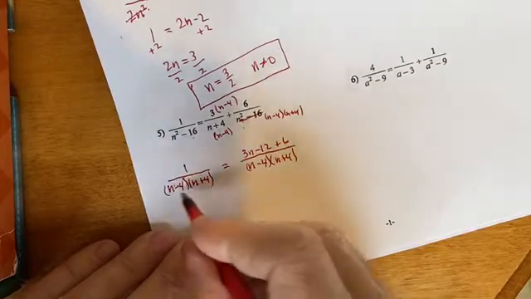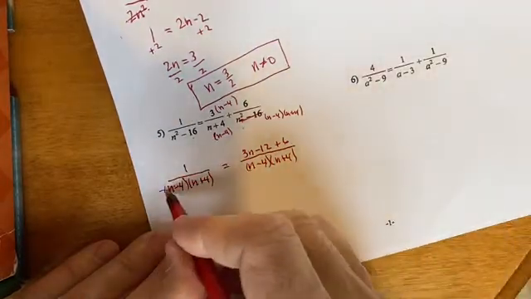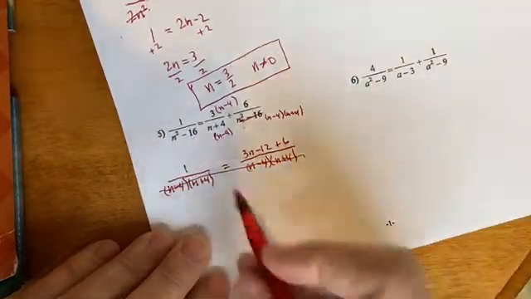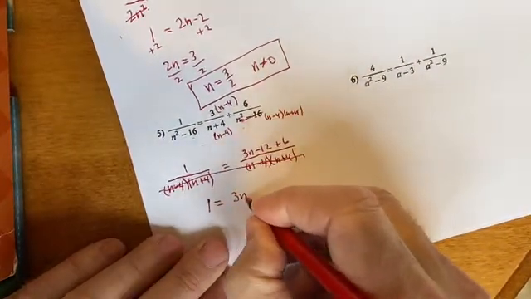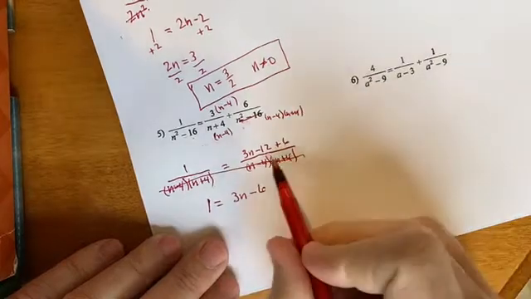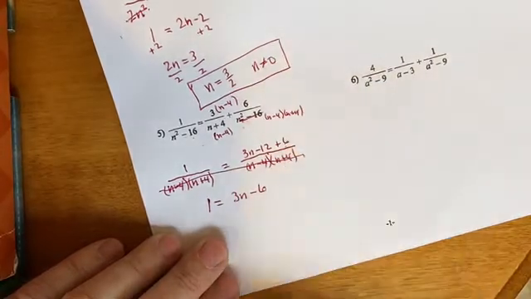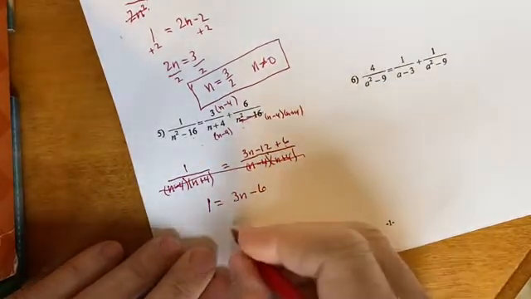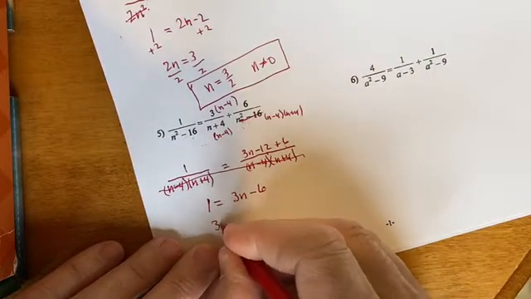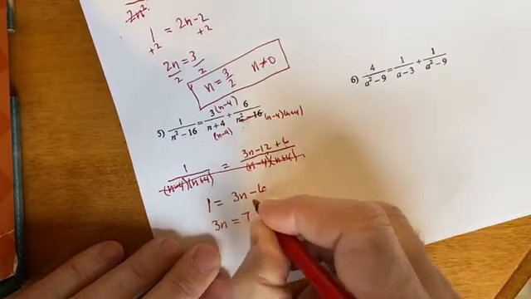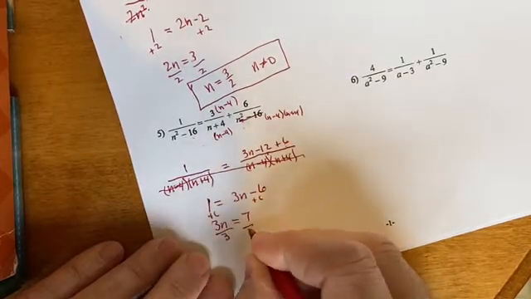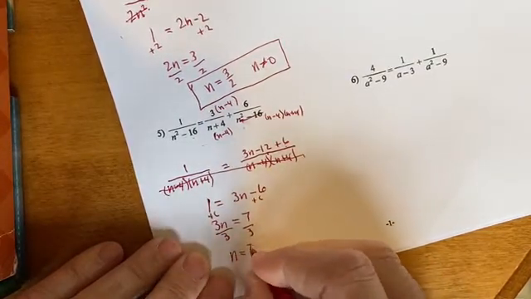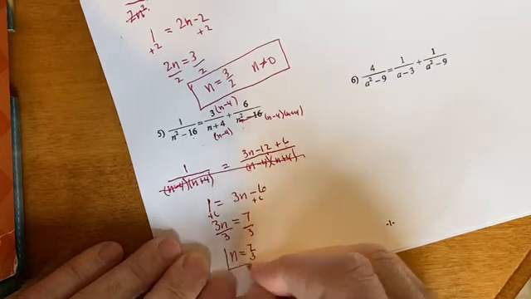Common denominator, so we can multiply both sides of the equal sign by the common denominator, and we're left with just what's in the numerator. When you add negative 12 and 6, you get negative 6. So when you add 6, you get 7. So 3n equals 7. And divide by 3. N is 7/3.